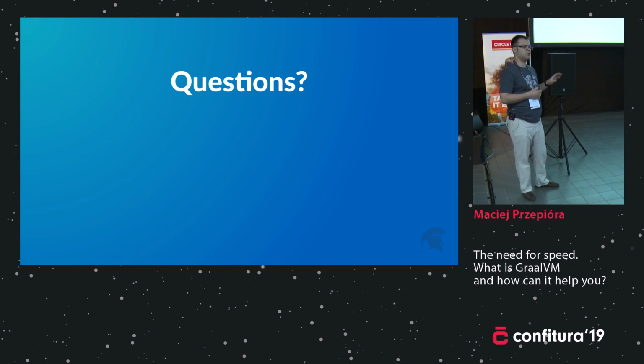Actually, it's a research project that is run by Oracle and universities, so there is a lot of academic research behind it as well. So you don't see any possibility of an open GraalVM or something like that? Well, the community edition is open source. Yeah, but it's lagging in features, right? No, I'm not saying it's inefficient. I'm saying it's not as efficient as the Enterprise edition, but it's still more efficient than Hotspot.